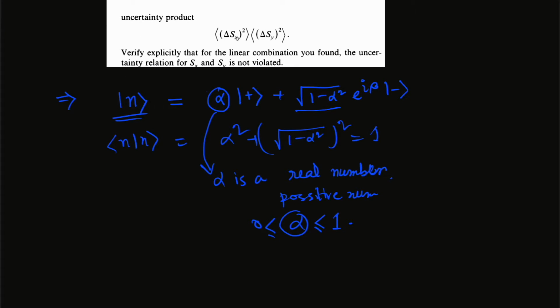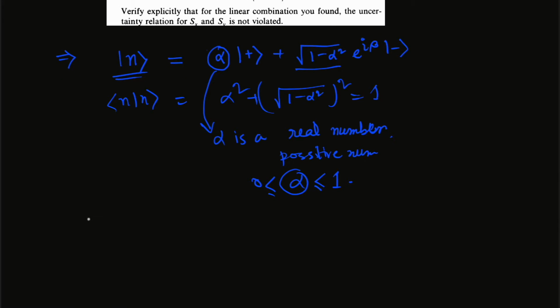Now let us calculate delta Sx squared in this state. So Sx operating on the state |n>, what will we get?